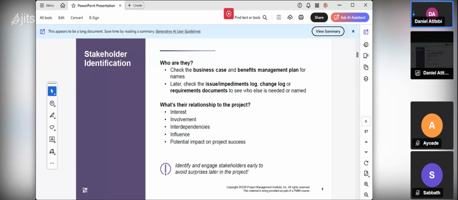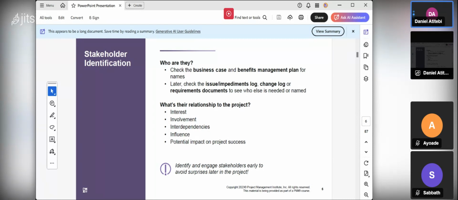Then what will be the potential impact on project success? Because for your project to come out successfully, it depends upon how you are able to manage and relate with the stakeholders. If you don't know how to manage them, their actions can impact negatively on your project.